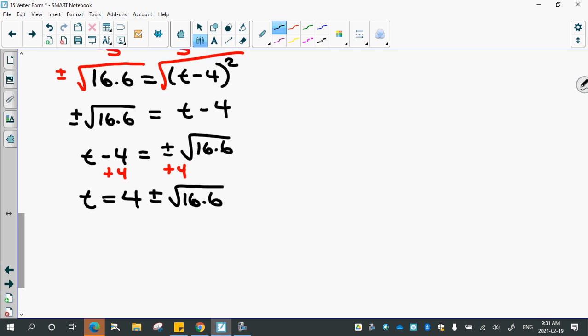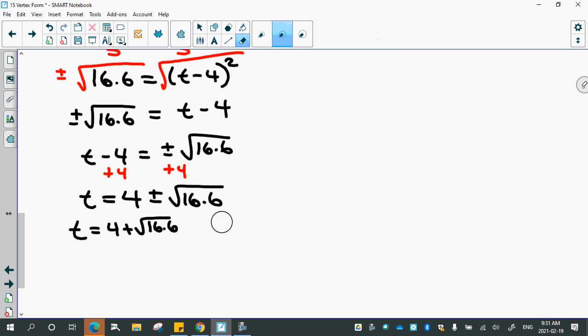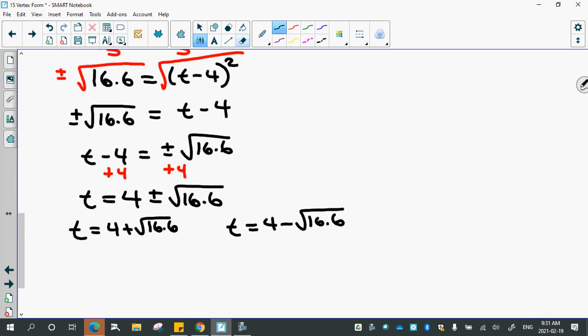Now this is actually 2 solutions, so it breaks down into 2 solutions. t equals 4 plus the square root of 16.6, and t equals 4 minus the square root of 16.6. Okay? And then we figure those out.